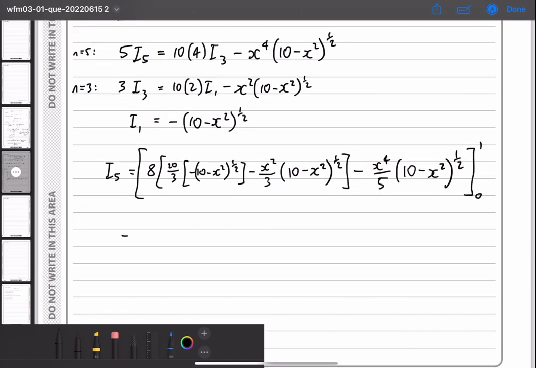So if we go ahead and start putting this in, we've got 8, evaluating it at 1, 20 over 3, and then, as I said, that whole bit in there becomes a 3, so that's a minus 3 in there. And then we've got minus 1/3 of, and then that becomes a 3 as well. Minus 1/5 of another 3.